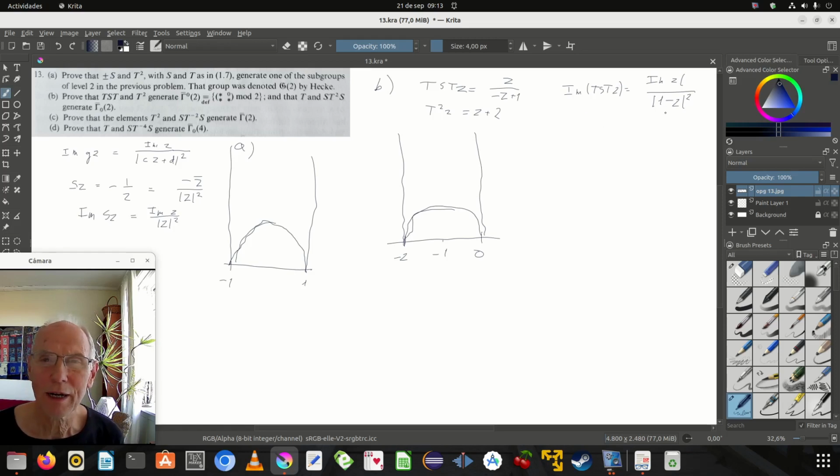And we get that by multiplying with the conjugate. Oh, so it's actually the same thing. I was on the right track. This is real, so it's just the imaginary part of Z. There we go again.